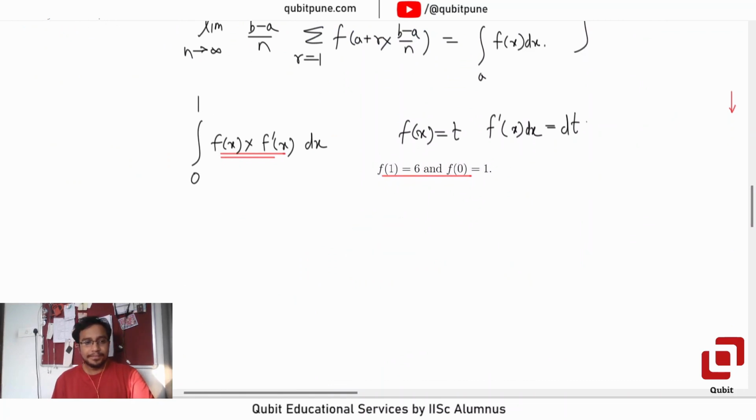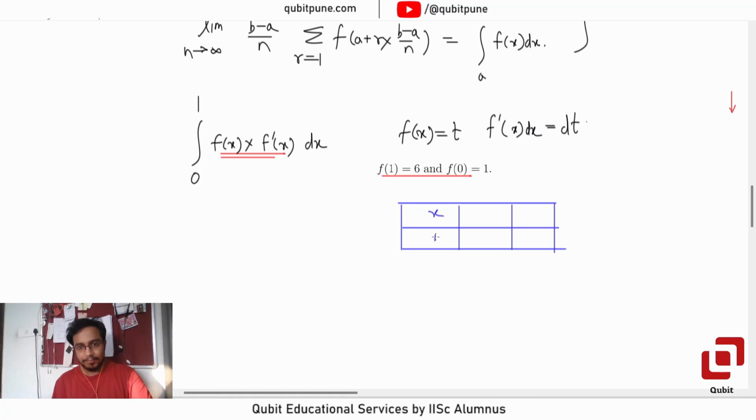So if we prepare our usual table, x from 0 to 1: if x is 0, t will be 1. If x is 1, t will be 6, right?